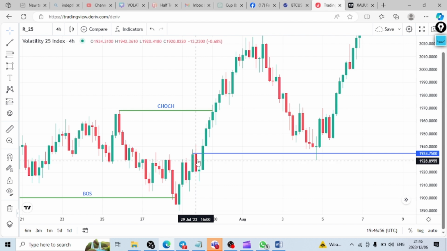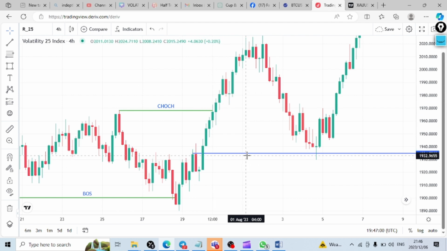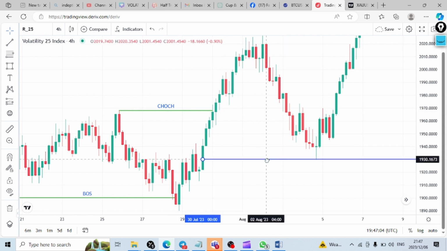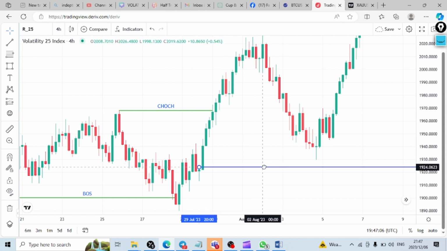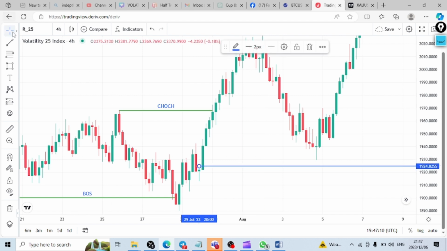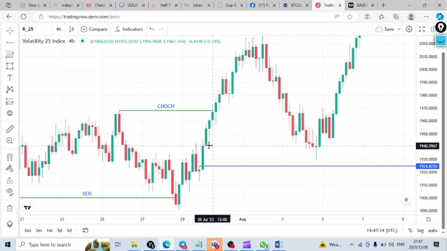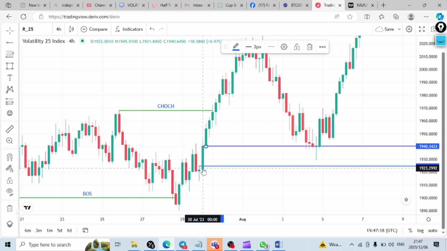Okay, let's look at this one, which is the last red candle before price starts to move upwards, and it resulted in a change of character. If you look closely at this one, it looks like a doji candle, the high of this candle, and the low of the third candle. So we have 1, 2, 3 candles.